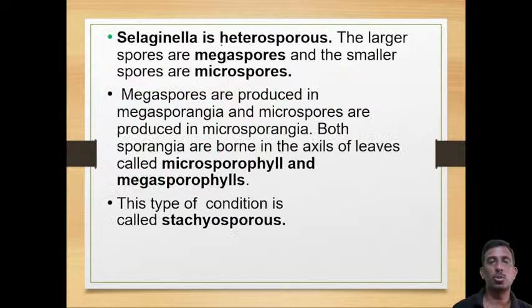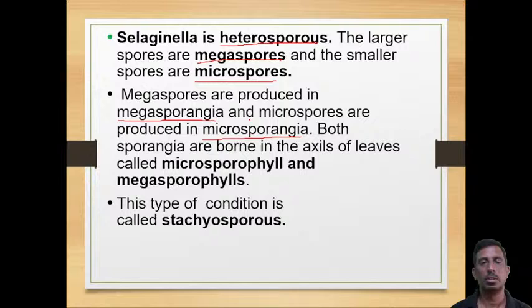Selaginella is heterosporous, meaning it produces two kinds of spores. The larger ones are called megaspores and the smaller ones are called microspores. Megaspores are produced in the megasporangium and microspores are produced in the microsporangium.